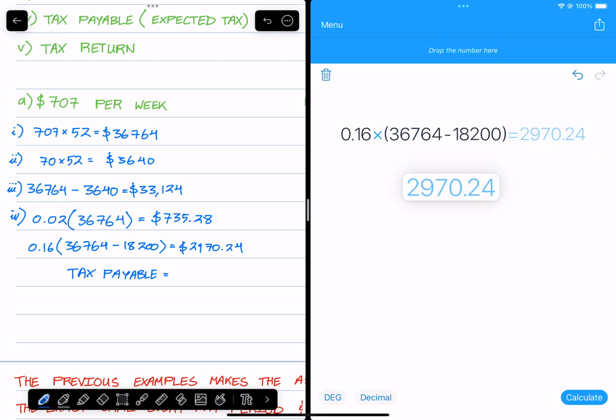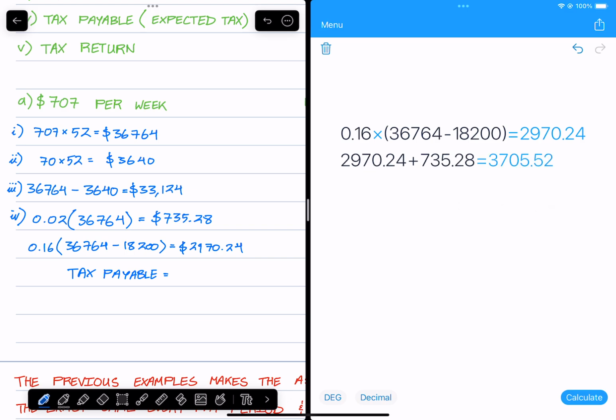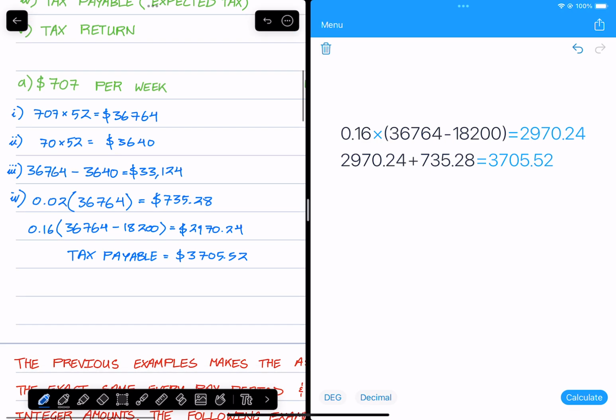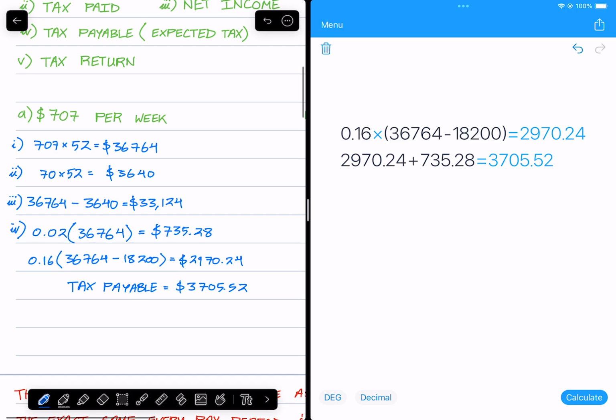So we can add those two. So this is the income tax plus the Medicare. You can see this person is expected to pay $3,705.52.